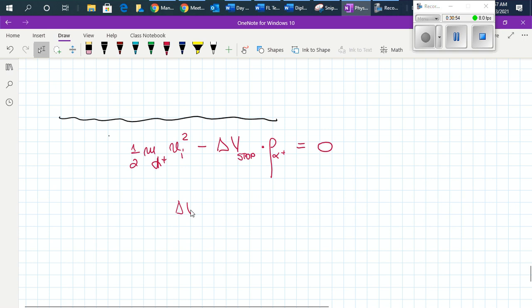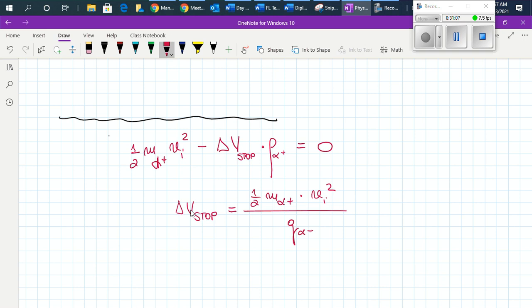So now the change of voltage where the particle will stop will be equal to 1/2 mass of alpha particle times initial velocity squared over the charge of alpha particle, or 1/2 times 6.65 times 10 to the power of -27 times 2.50 times 10 to the power of 3, the whole thing to the power of 2, over 3.20 times 10 to the power of -19.